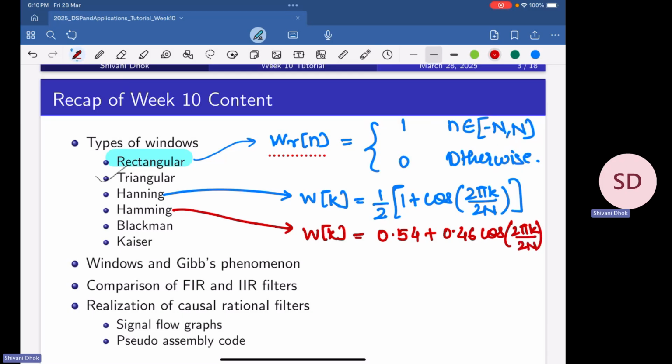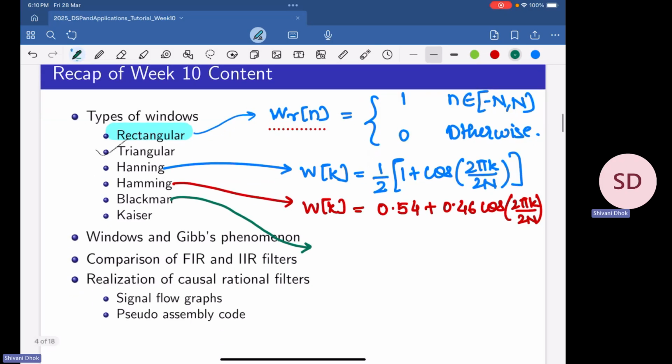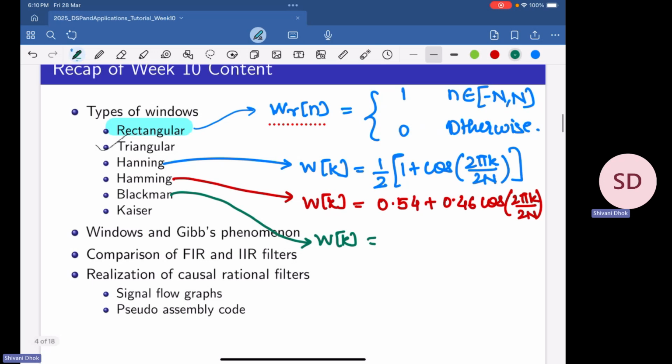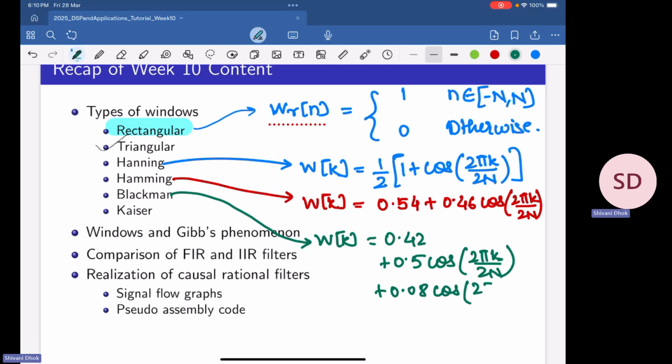Then we have the Blackman window. This is W of k, and it has two cosine terms: 0.42 plus 0.5 cos of 2 pi k by 2N plus 0.08 cos of 4 pi k by 2N.